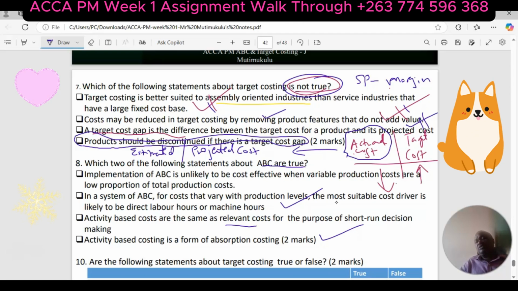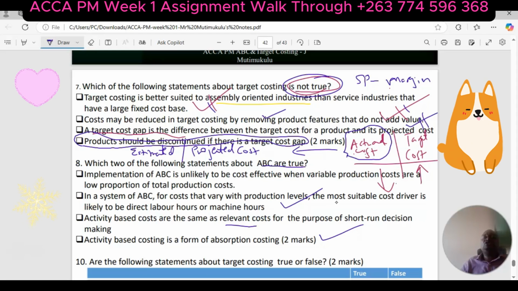Remember, we also talked about a similar issue, where we are confident that the cost driver of a particular production environment is normally time, then we need to use the traditional approach rather than ABC.